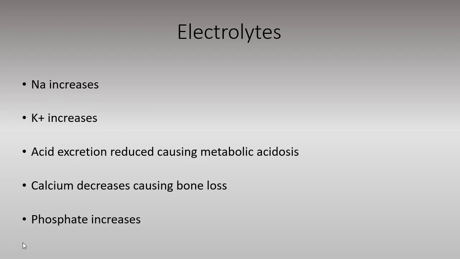So for electrolytes, your sodium will increase, your potassium will increase, acid excretion is reduced, causing metabolic acidosis, which we'll cover in another chapter. Calcium decreases because it causes bone loss, and then phosphate increases.